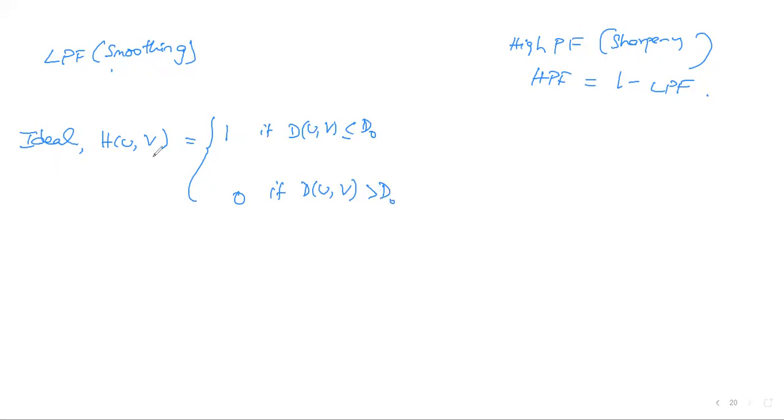The ideal HPF is given as 1 minus the low pass filter, so it is 0 if D of u comma v is less than or equal to D naught, and 1 for D of u comma v greater than D naught.